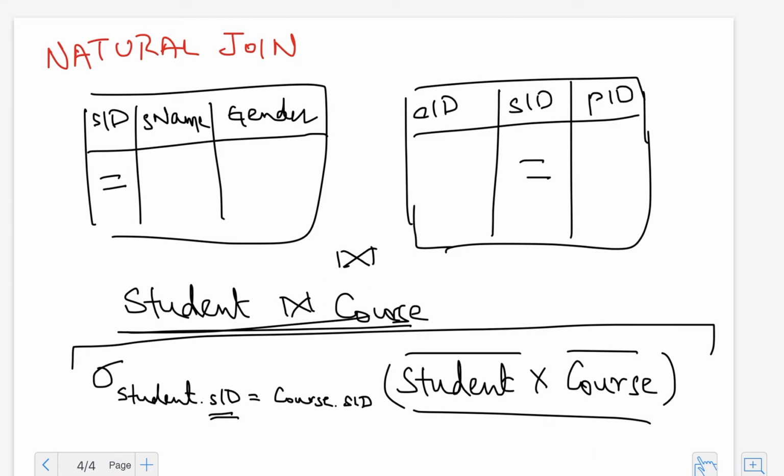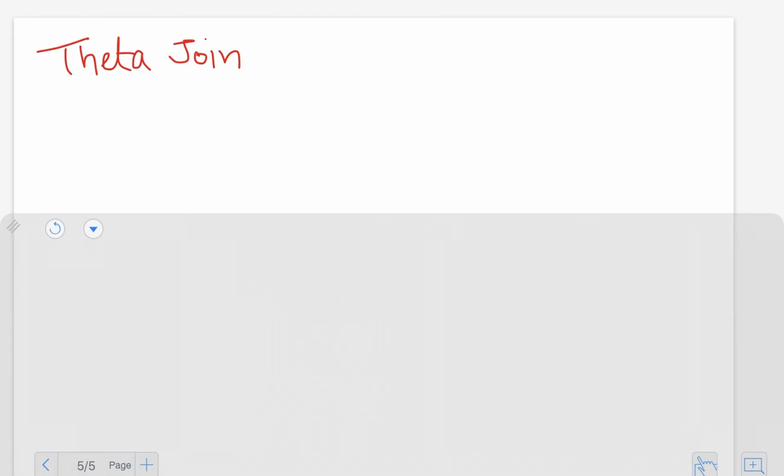And the third and last join that I want to talk about is the theta join. And what the theta join means is that we just put a condition, which is theta. Theta is our condition for the join, and we can denote it by something like this, where this theta right here is my condition.